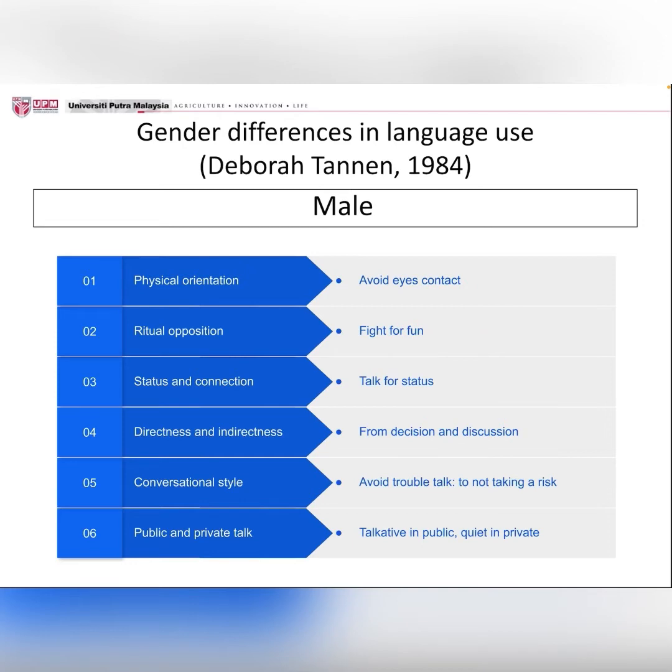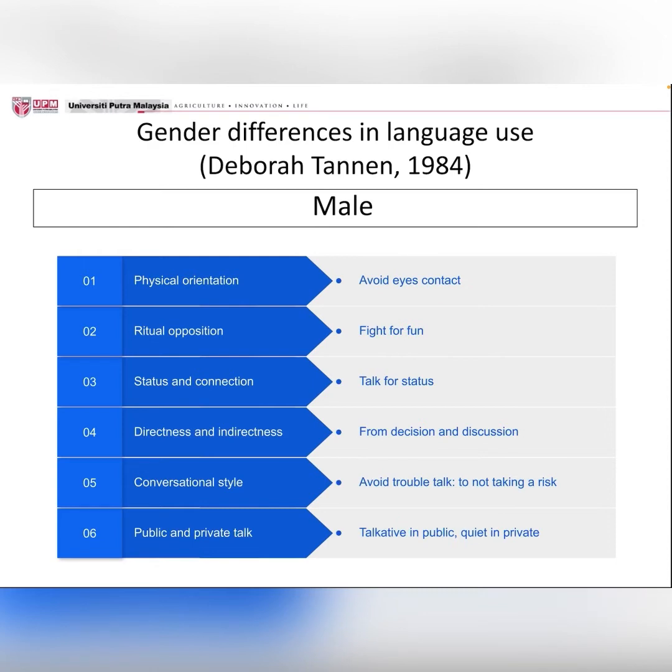For male, they love to explain from decision to discussion, like they are collecting ideas at the same time and discussing with each other. But female tend to start from discussion to decision. They focus on the final task of the work.